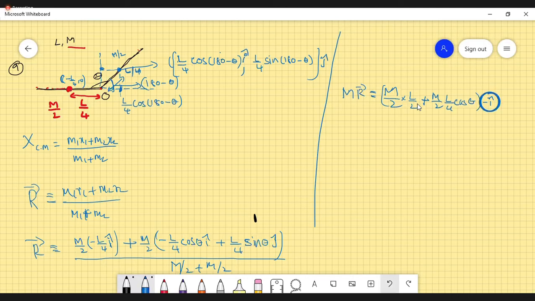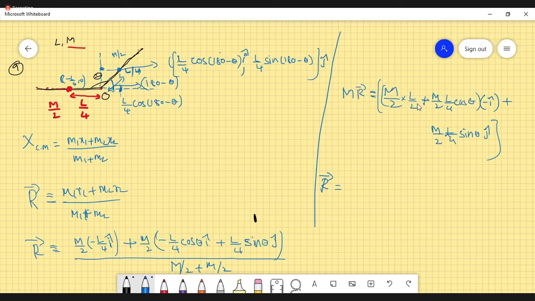Next plus M by 2 L by 4 sin theta j. M is a common term in all the places, so M will cancel. Then R cap equals what?